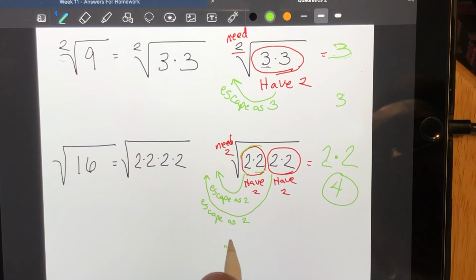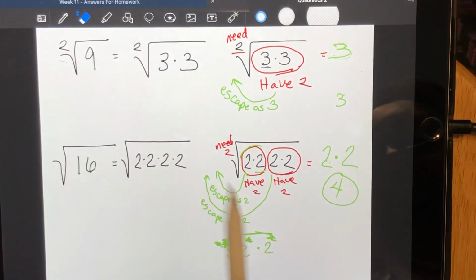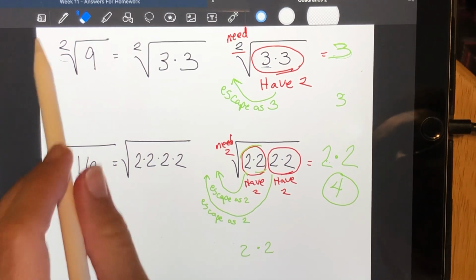I could have rewritten this as the square root of 2 squared times 2 squared. So my root matches my exponent, so they just go away. And all we are left with is 2 times 2, which is equal to 4.